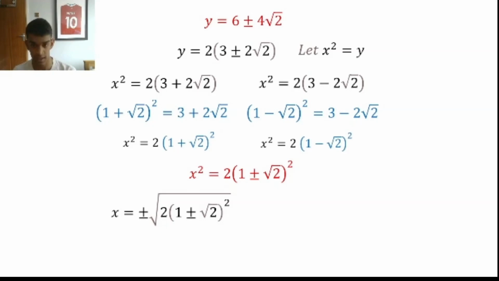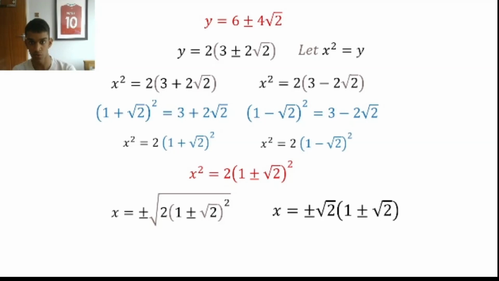So as I've done here, we get x is equal to plus minus, because when you root something, it could either be its positive form or its negative form, the root of 2 multiplied by (1 plus minus root 2) all squared. But now there's a square inside of root, so they essentially cancel out.